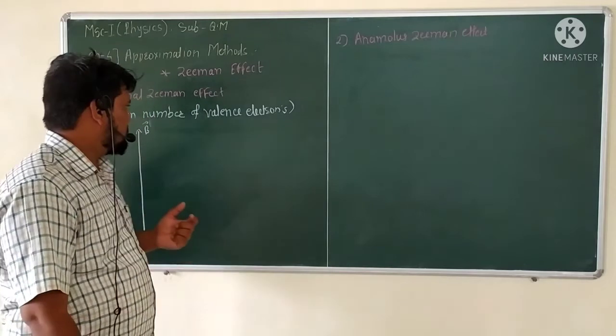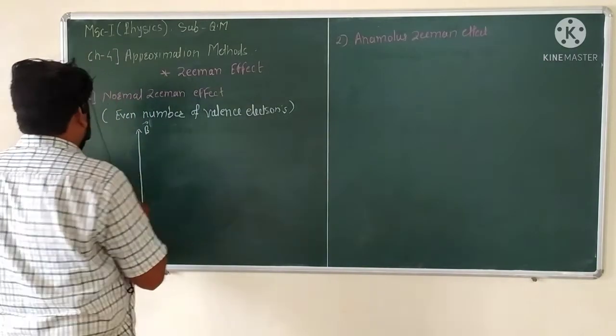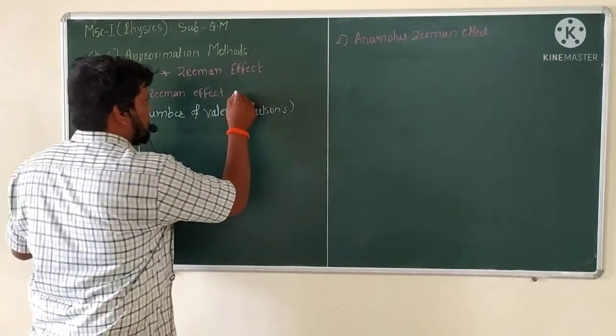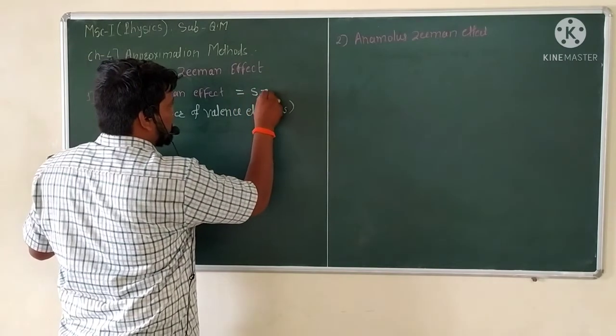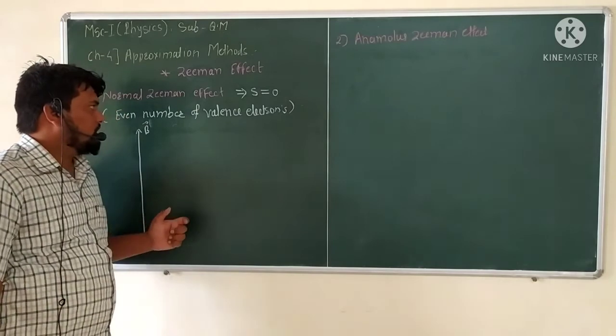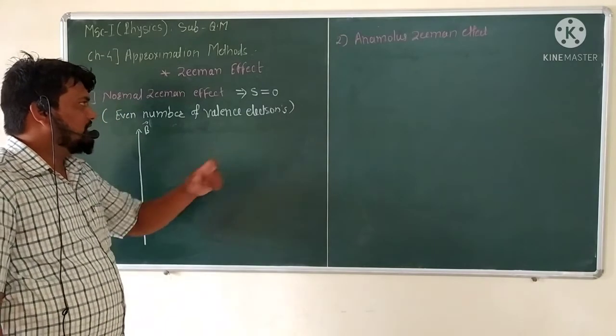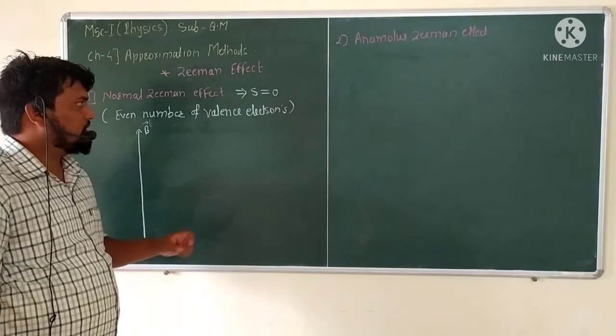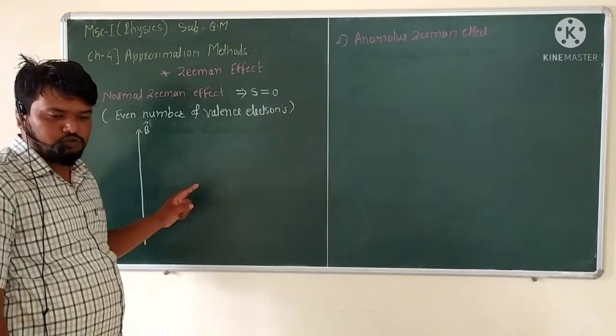The first main concept for the normal Zeeman effect is that the spin component is 0, the spin of the electrons in the even number of valence electrons is equal to 0.